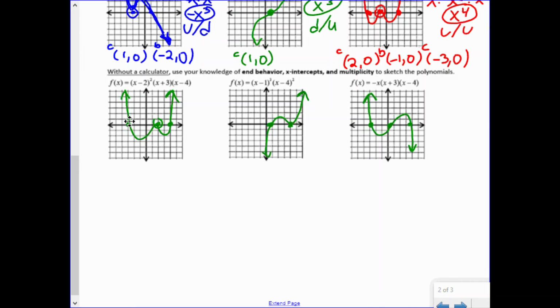Yep. This one right here, on the third one, that gives you 0. When you set x equal to 0, you get 0.